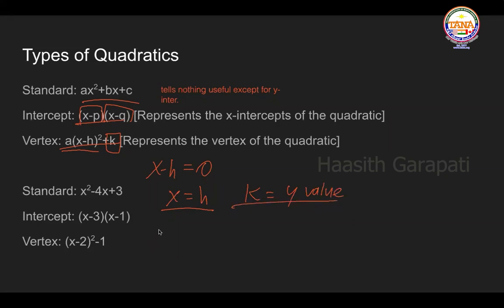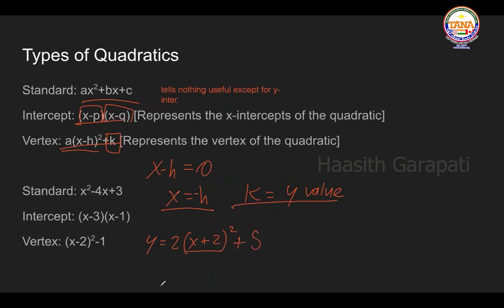Maybe it's better if I give an example. If we had an equation such as y is equal to 2 times x plus, oh wait, small mistake there. x is not equal to h, it's equal to negative h. But yeah, as I was saying, y equals 2 times x plus 2 squared plus 5.